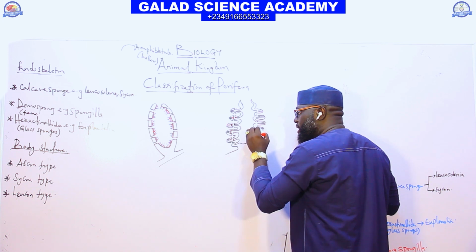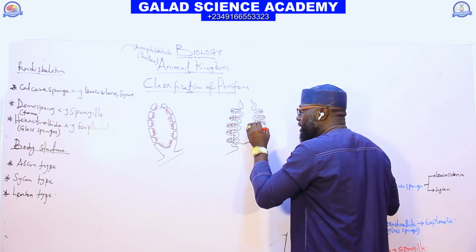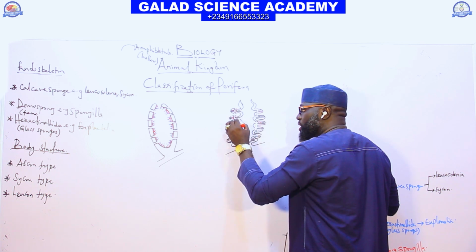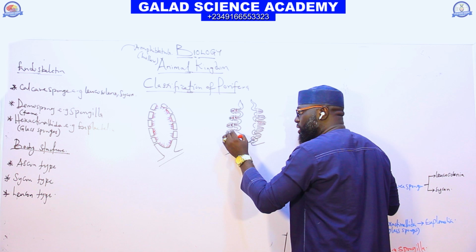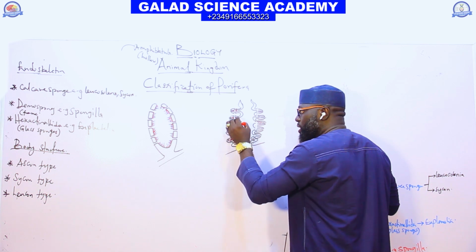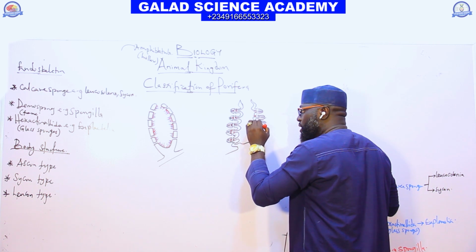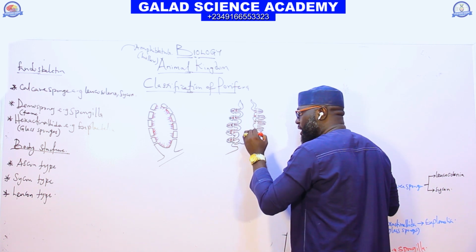Can you see it? So it can be found inside this. So the choanocyte can be found inside there.